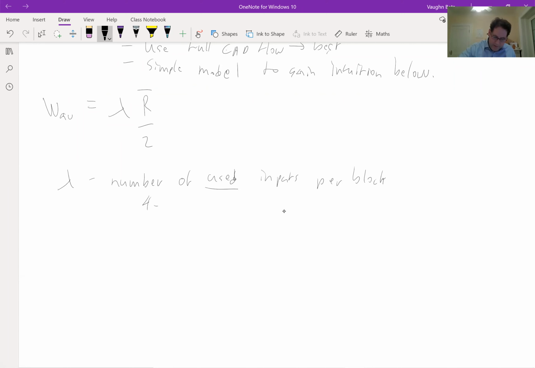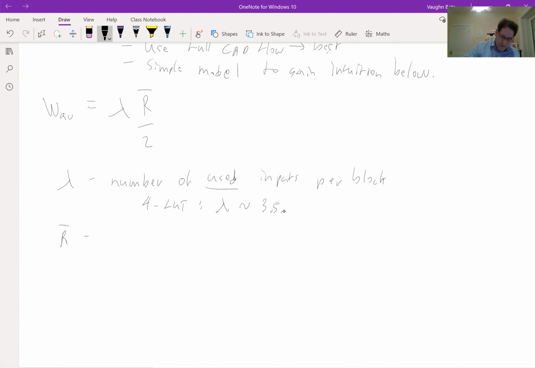For a 4 LUT, lambda is clearly going to be no more than 4, but it's actually about 3.5, which isn't that far off 4. But it's basically the CAD tools can't fully utilize the 4 LUT all the time. Sometimes they only use 3 of its inputs, maybe 2 once in a while, on average 3.5. Okay, so that's lambda.